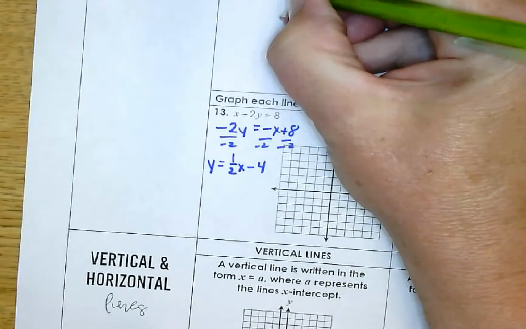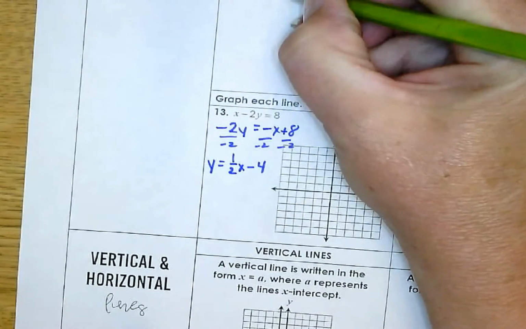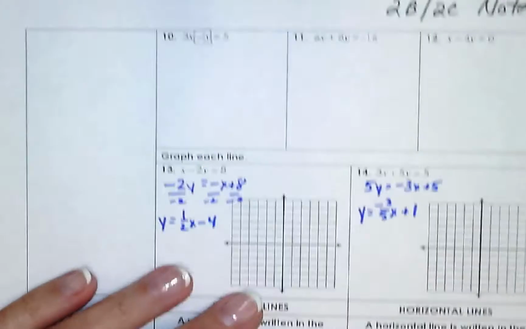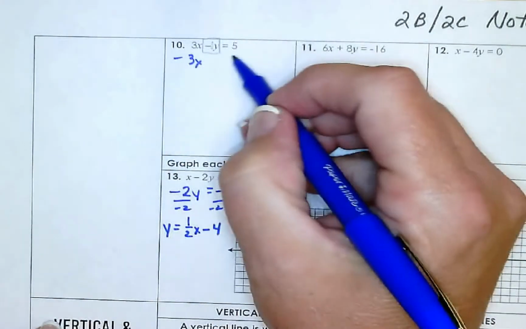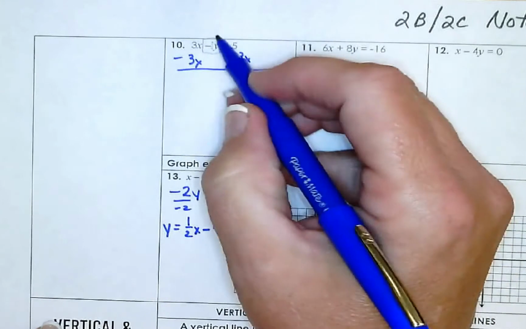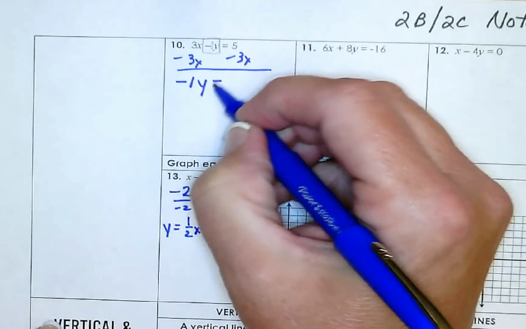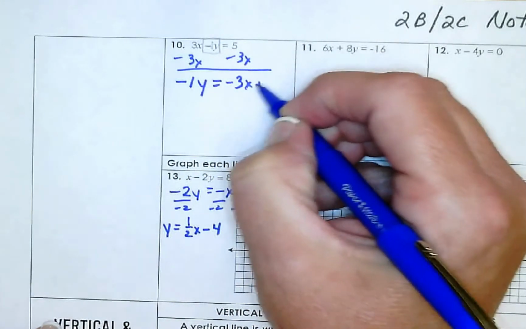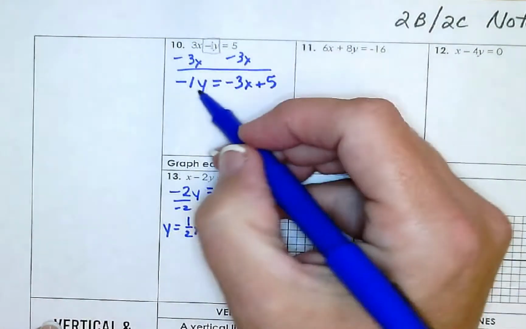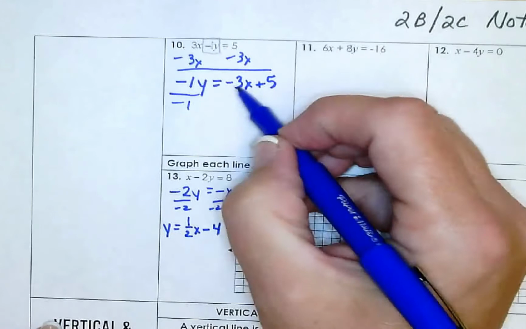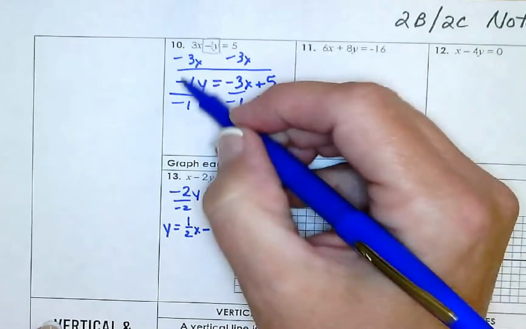I want you to notice there is a 1 in front of that y, so that's really like negative 1y. Whoops, you can't notice if you can't see it. So I'm going to subtract 3x both sides. So negative 1y equals negative 3x plus 5. Okay, to get the y by itself, I'm going to divide everything by negative 1.